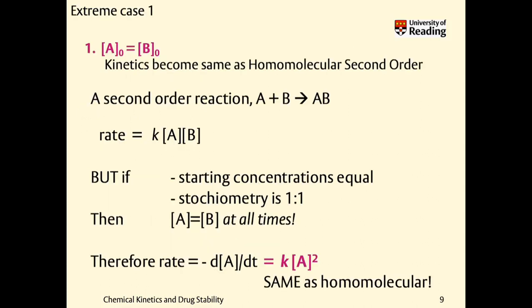So extreme case 1 is where the concentration of A and B are equal, a second order reaction where A plus B goes on to form AB, and the rate is equal to k times the concentration of A times the concentration of B. If the stoichiometry therefore is 1-to-1 in that reaction, and the rate law is also first order for both A and B, in that case, we know that the concentration of A and the concentration of B will be equal at all times if we start with the same concentration for both.